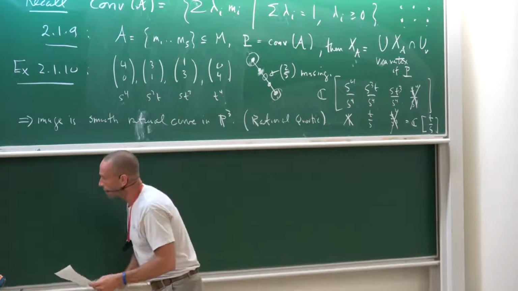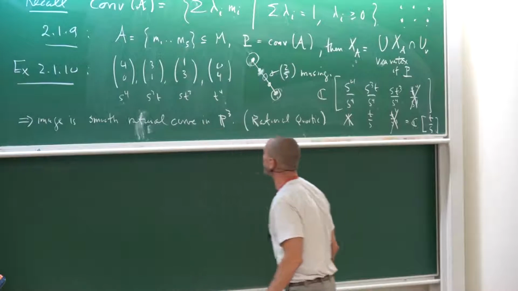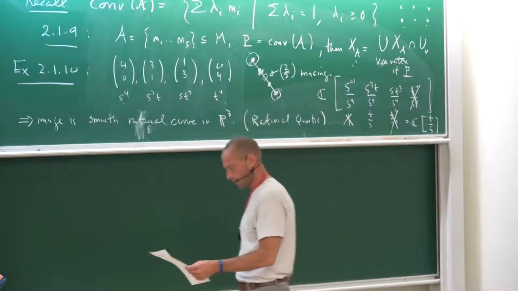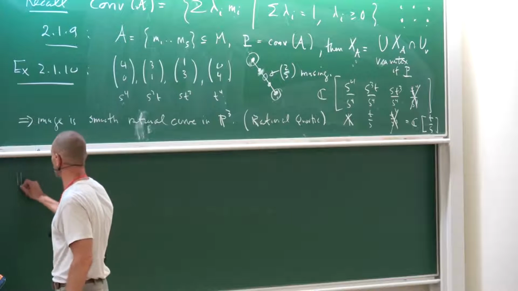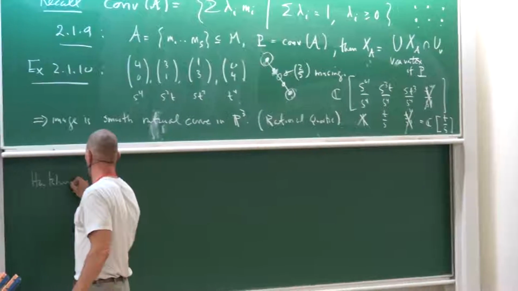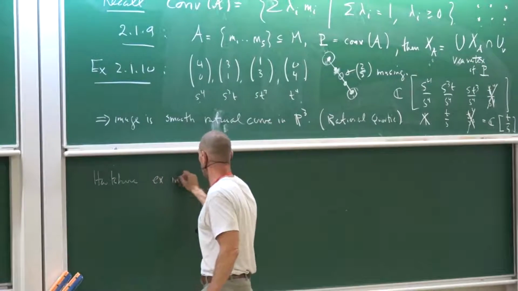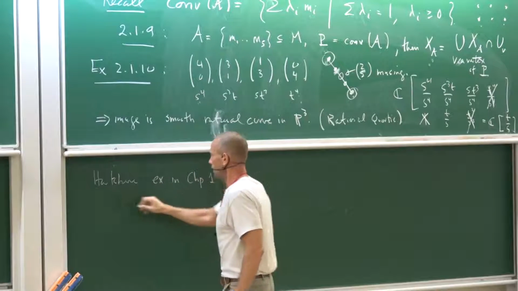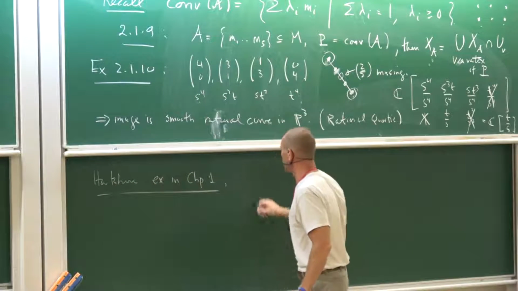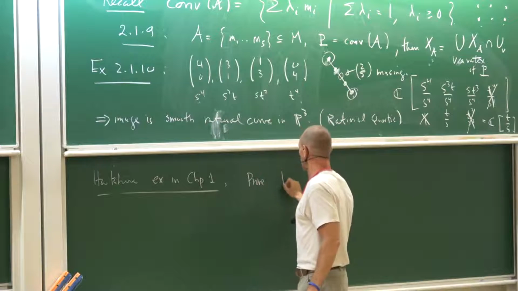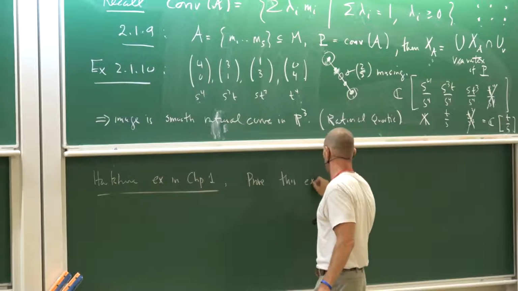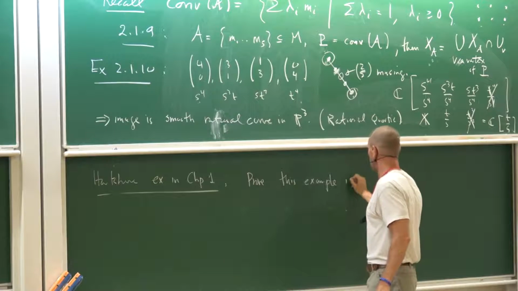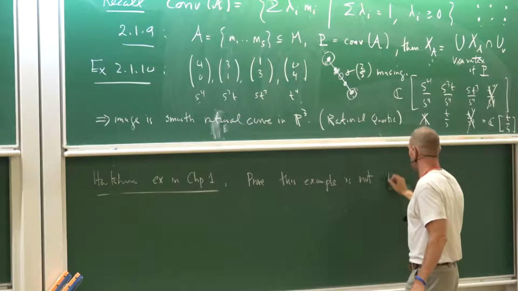The other thing, one last thing about this example: somewhere in Hartshorne, buried in an exercise in chapter 1, he asks you to prove this example is not projectively normal.